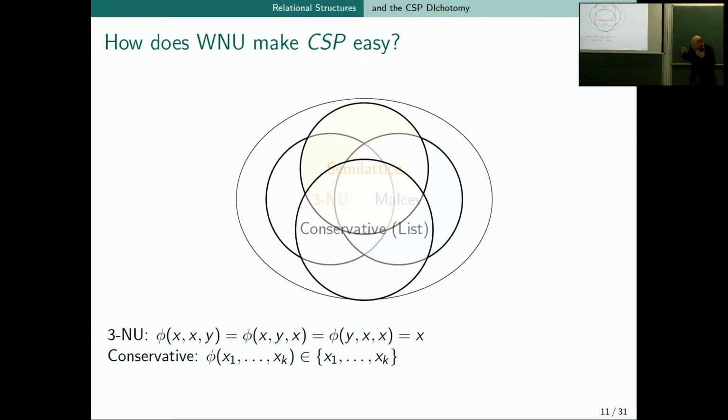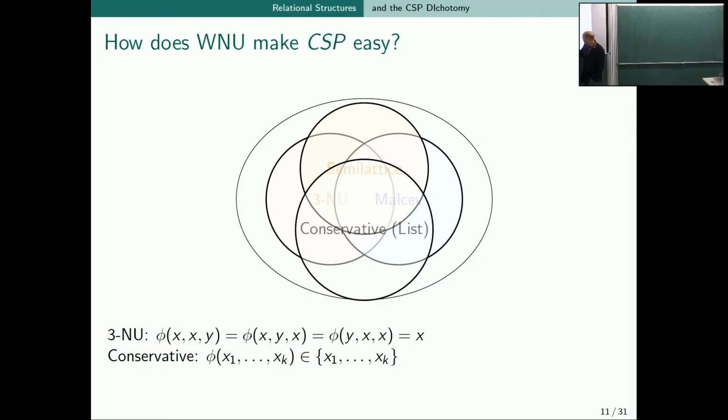And for each of these, if a graph or a structure has them, we have a pretty easy polynomial time algorithm for deciding if something maps to them. And if they have this other property that they're conservative, well, this is what we get with the list problem. So we'll talk about that in a second.